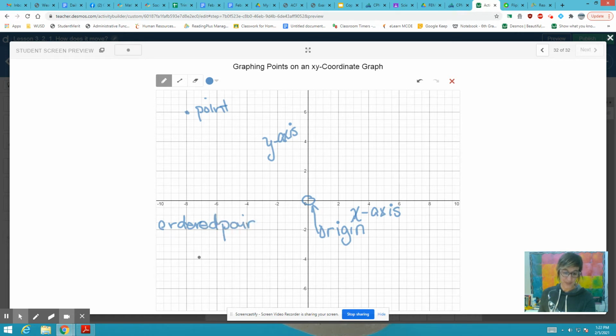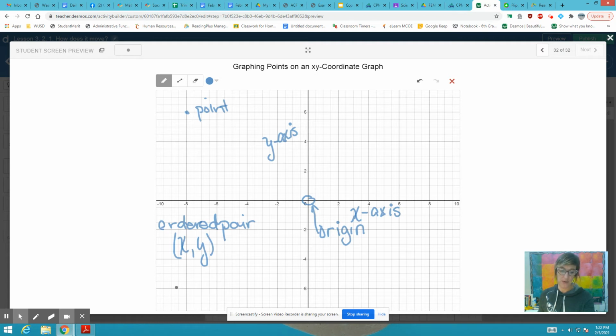Pair. An ordered pair is written as (x, y). The first number is the number on the x-axis. And the second number is the y-coordinate. So this is the x-coordinate and the y-coordinate.